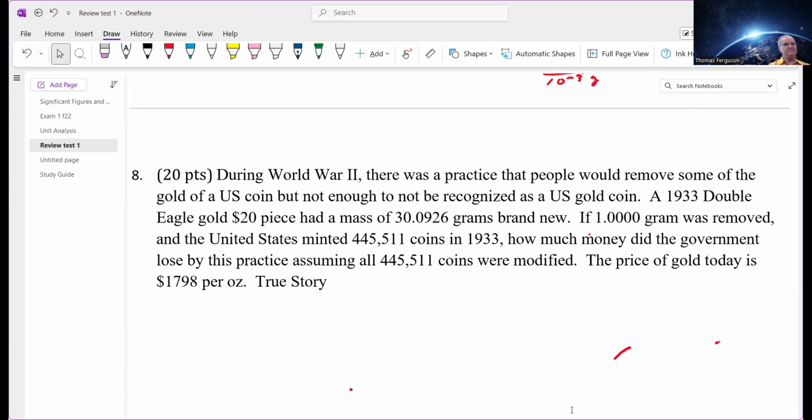Well, what's given? No. How much? This is the tricky part of this problem, and after that, it's just to grind out a bunch of conversion factors. What were you going to say?